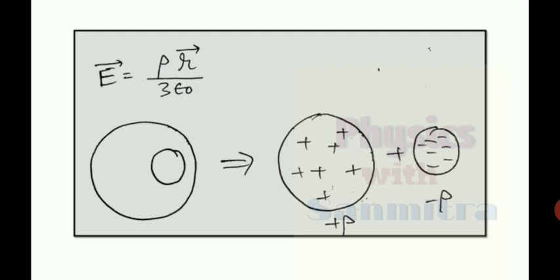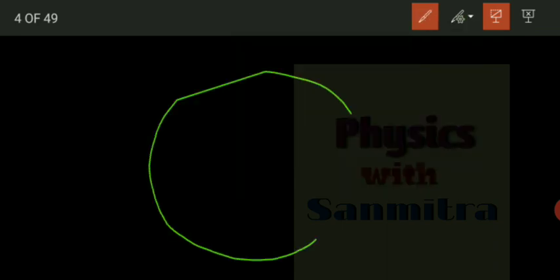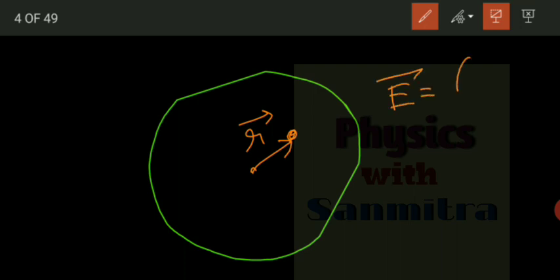Because let me show you this. This is my uniformly charged material. Now at a distance r vector, the electric field will be rho r vector by 3 epsilon naught.